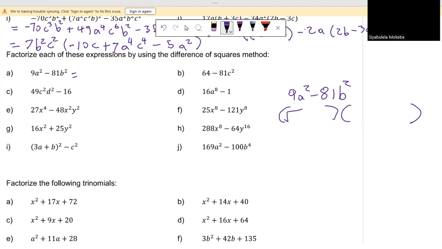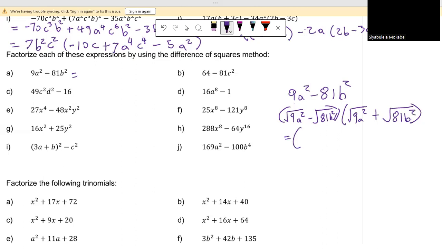Then we take the square root of the first term, the square root of the second term, the square root of the first term, plus the square root of the second term.